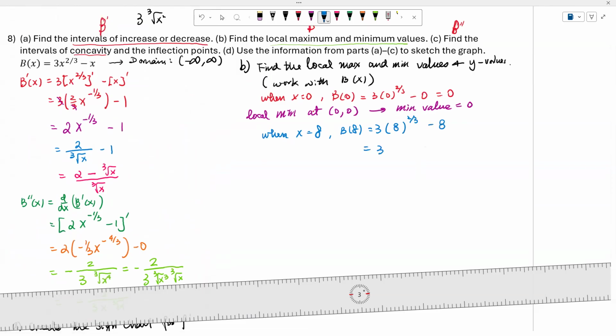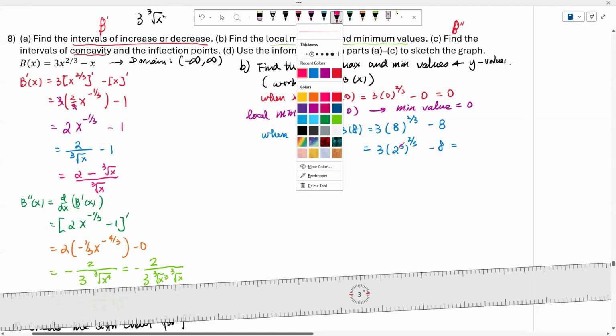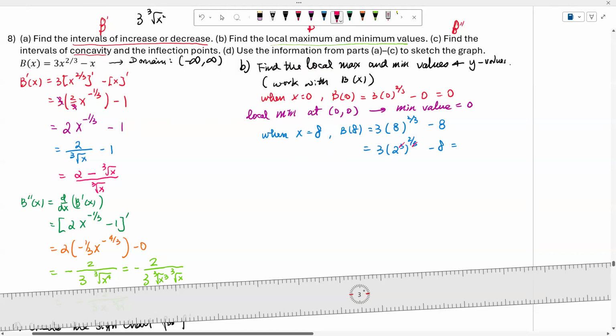So 8 is 2 to the power 3. Okay, so the 3 and 3 cancel, meaning we have 3 times 4 minus 8. So in this case, I have 12 minus 8, which is 4.